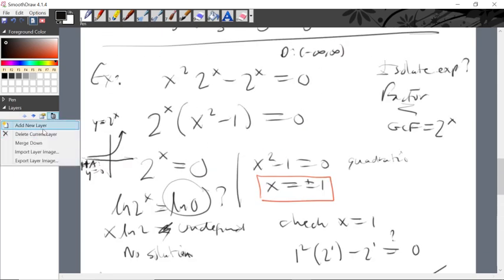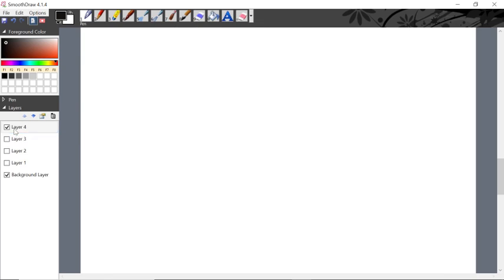How about we take a look at an application? More applications to come in the next section, but we can already take a look at one now. For instance, how about compounding interest?